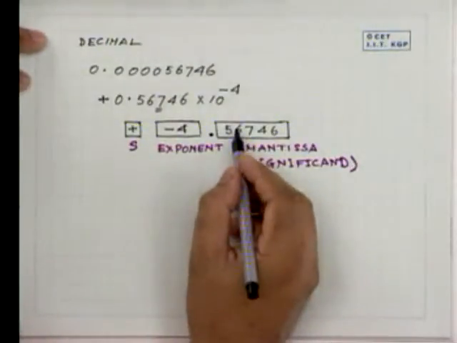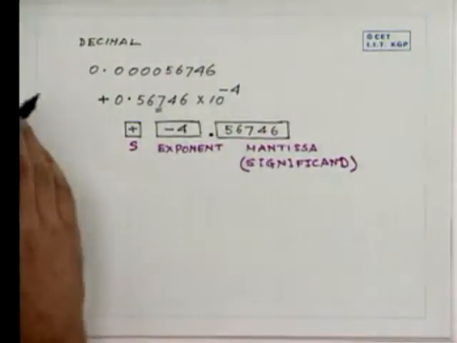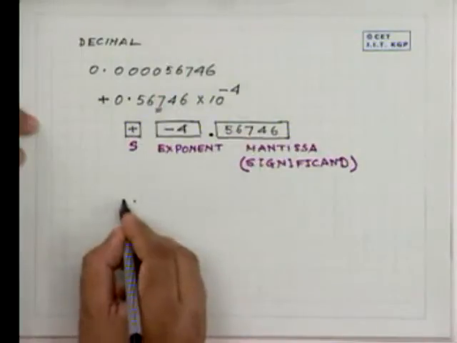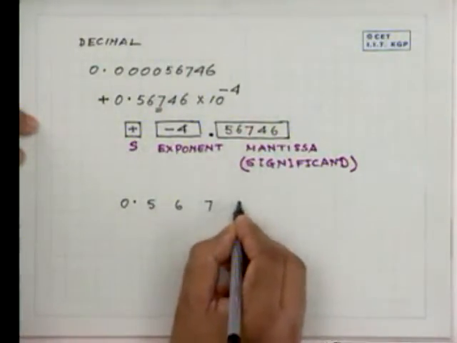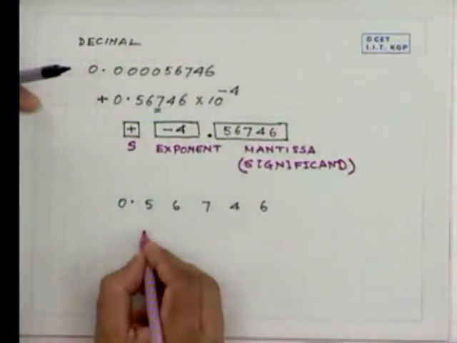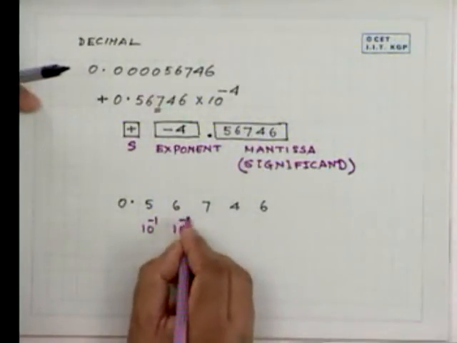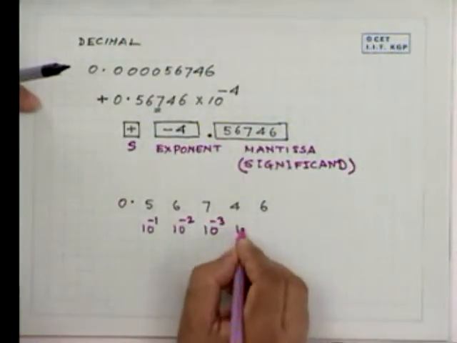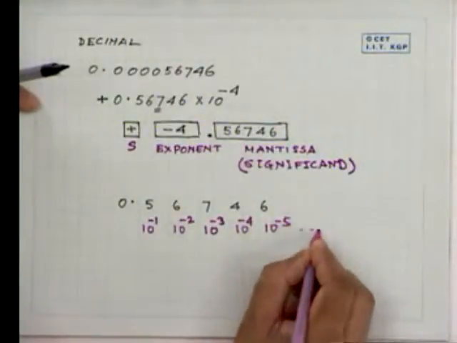Now, once more, in that positional number system, the weights of the different digits are like this. Say, for example, 0.56746. The weightage of this digit is 10 to the power minus 1. This one is 10 to the power minus 2, this is 10 to the power minus 3, this is 10 to the power minus 4, and this is 10 to the power minus 5, and so on.